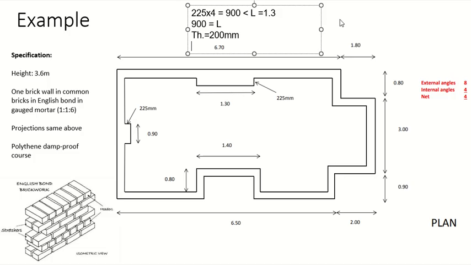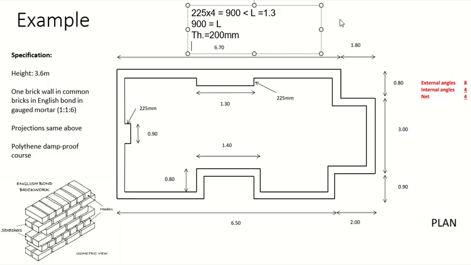Same, right? 0.9, 3, and the top, 0.8. 0.8 minus 2 into 100.